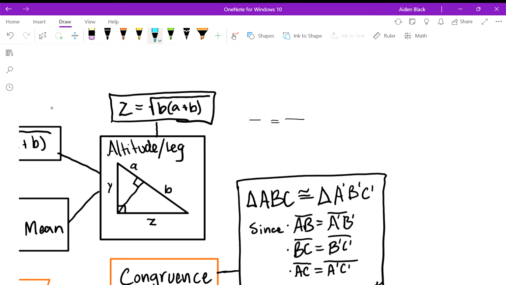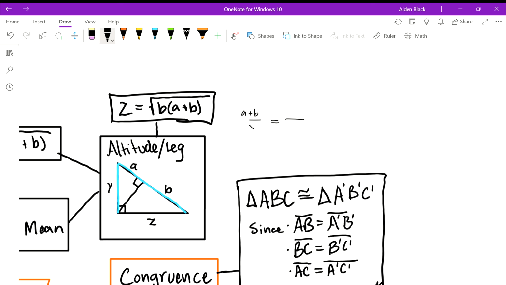Check it out, here's the hypotenuse of the big triangle, so that's a plus b, I'll write that out, a plus b, and then we have to look at the hypotenuse of the smallest triangle. See how that's the hypotenuse of the smallest triangle?